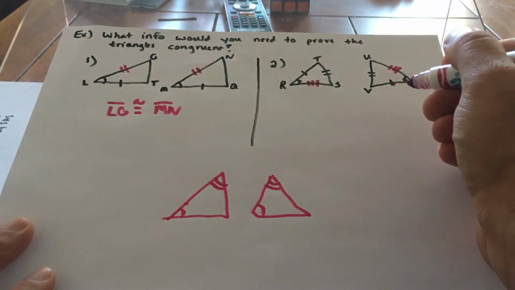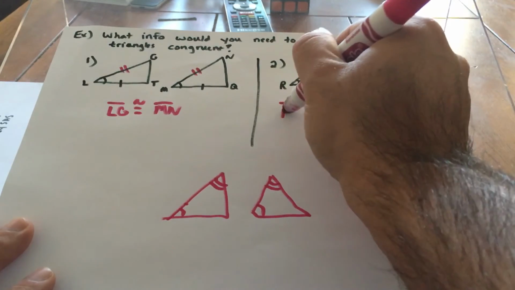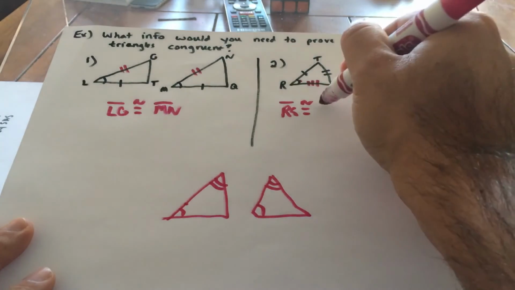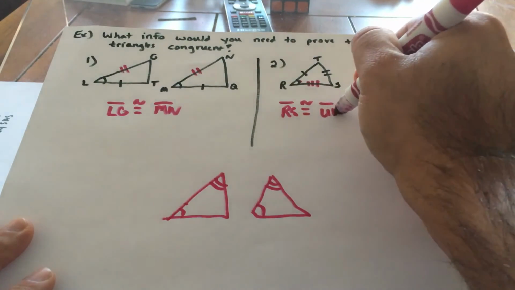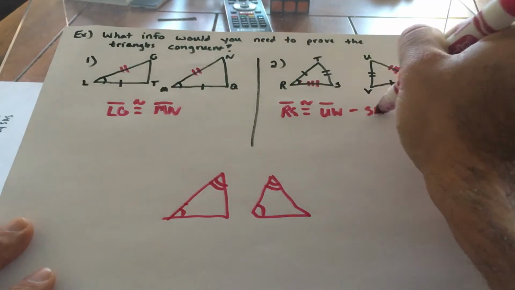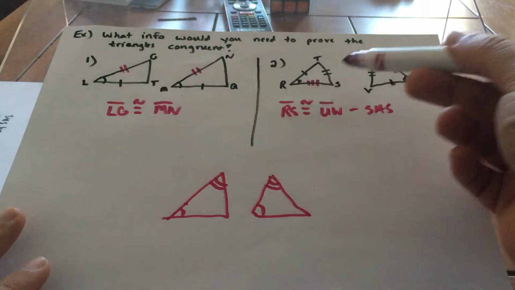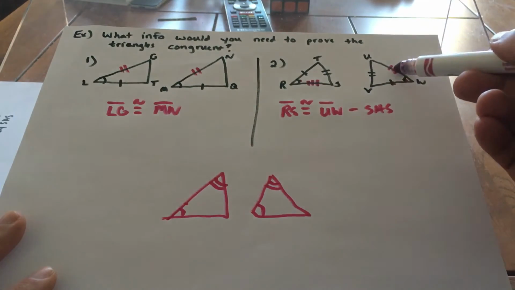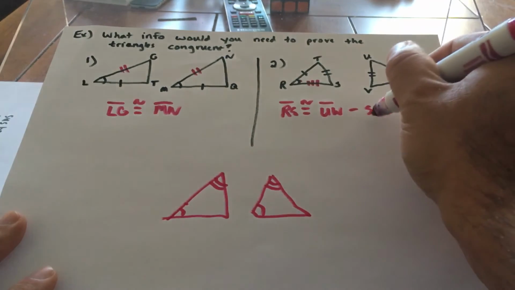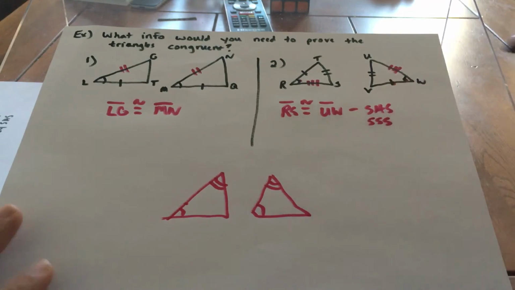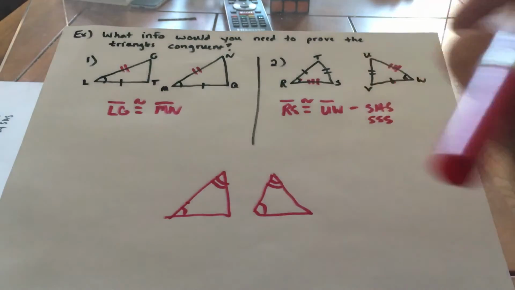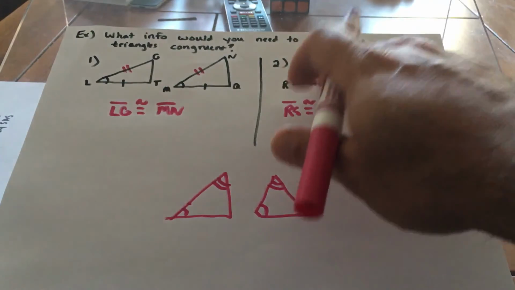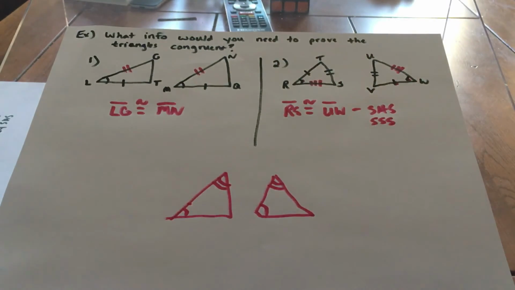So in order to prove it by SAS, you would need RS to be congruent to UW. That's for SAS. And also, if you notice, by making RS congruent to UW, we can also prove them congruent by the SSS postulate. So there's two different ways to prove them congruent. Fortunately, they are the same two pairs of sides.